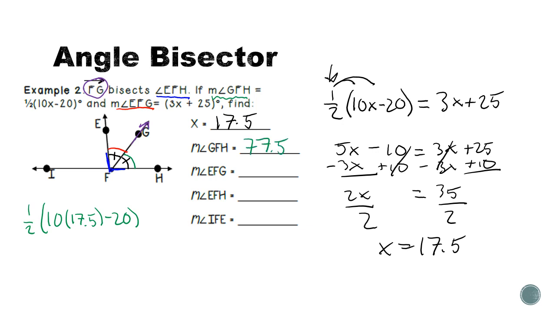Since it is congruent to EFG, our red one, we know that this is also 77.5, which then tells us that our larger angle, EFH, we just take twice that value, and we get 155.